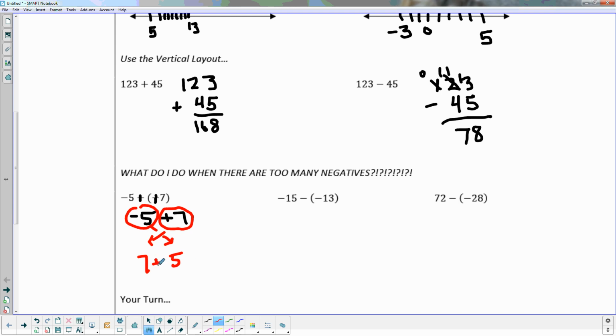I could also say 7 plus a -5, but that's weird. Personally, I don't like saying 7 plus a -5. I would rather see it as 7 minus 5. And 7 minus 5, that one's pretty easy. It's just 2.